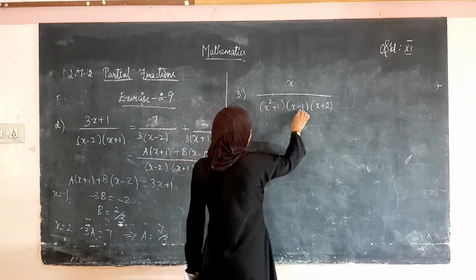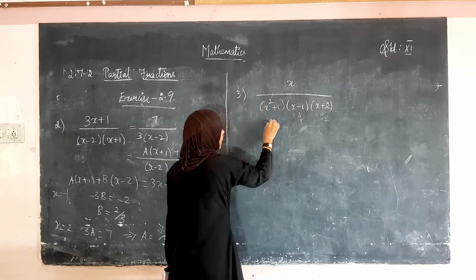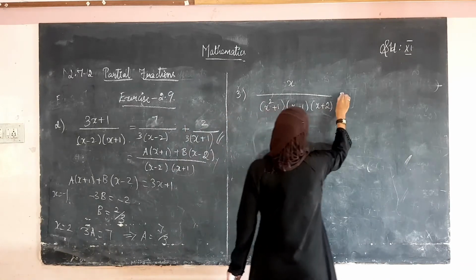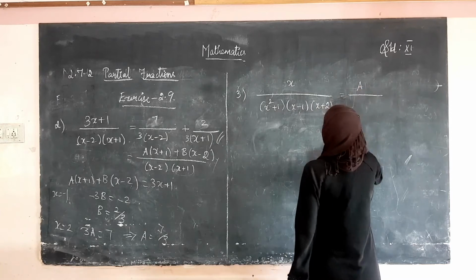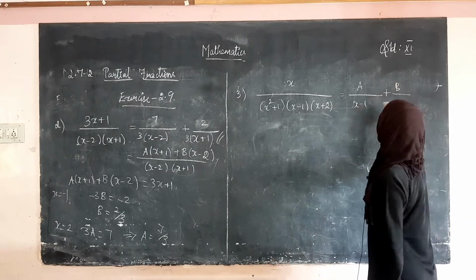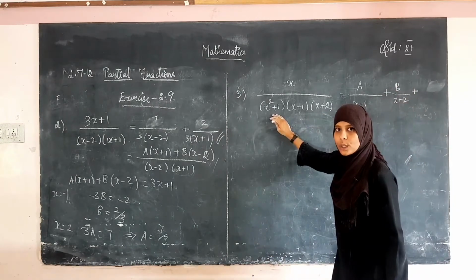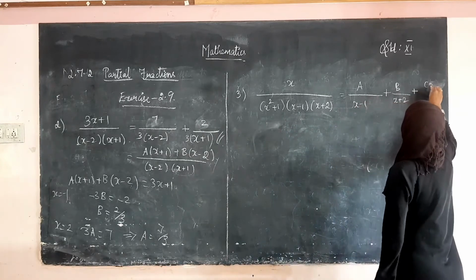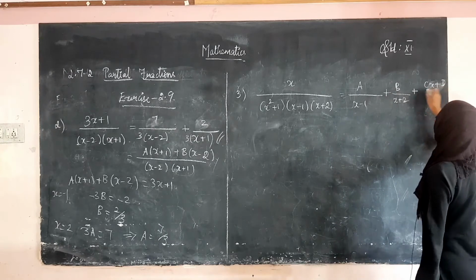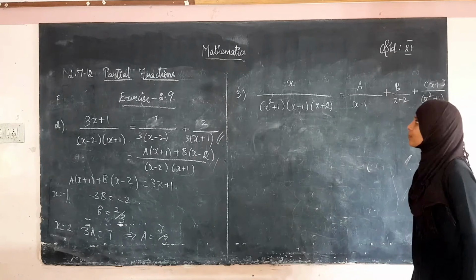See here, one solution is 1 and another solution is minus 2, but for x square plus 1, x square will be equal to minus 1. We do not have a real solution. Therefore, how can we resolve this? A divided by x minus 1 plus B divided by x plus 2, and then for the quadratic factor, the next term after A and B is C: Cx plus D divided by x square plus 1.